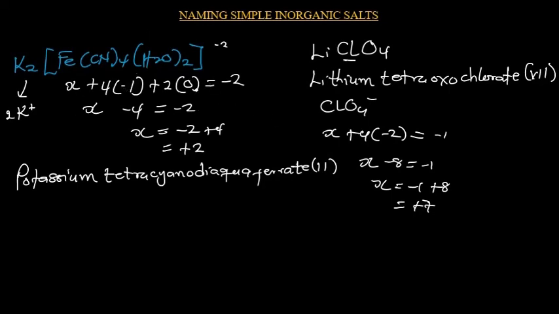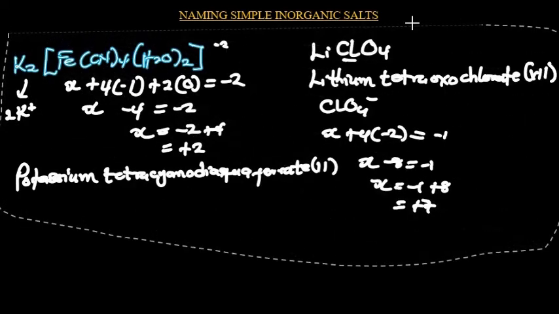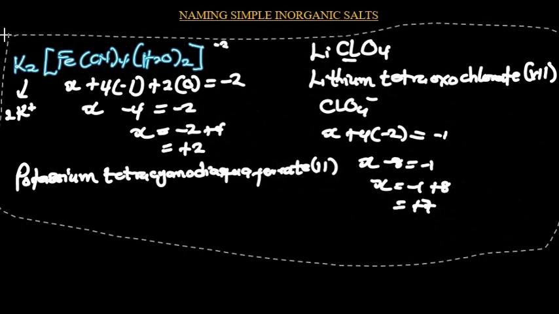Now you observe that all the examples we've been talking about are made up of a simple cation and a complex anion. So what do you do in a case where you are given a complex cation and a simple anion?